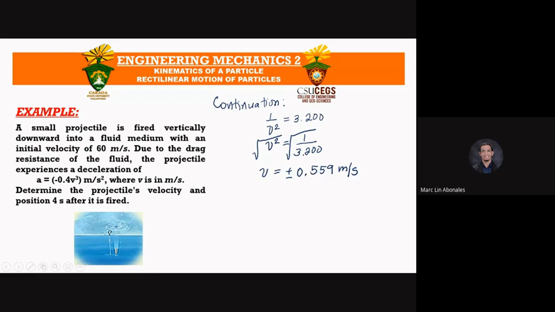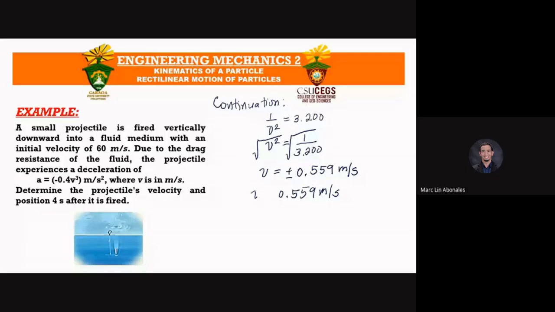positive 0.559. So that would be V is equal to 0.559 meters per second. So that is V equal to positive, and the meaning of positive is that its direction is downward.